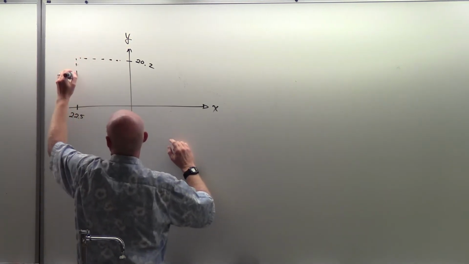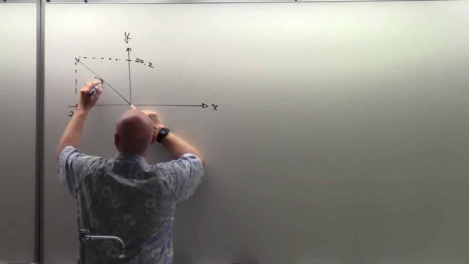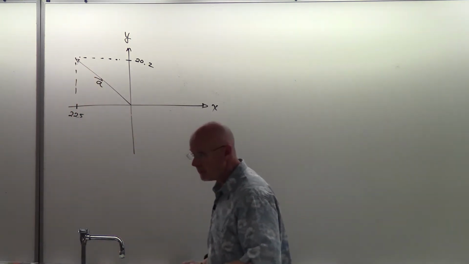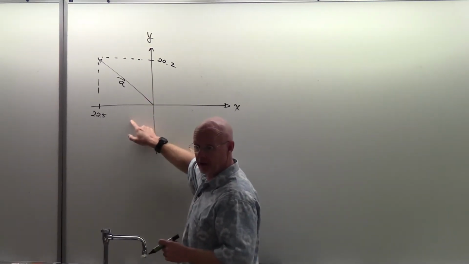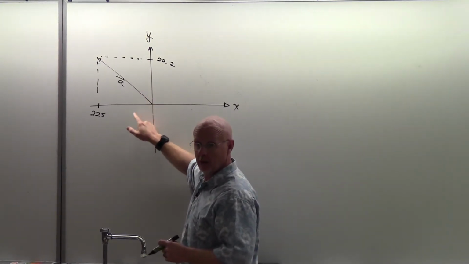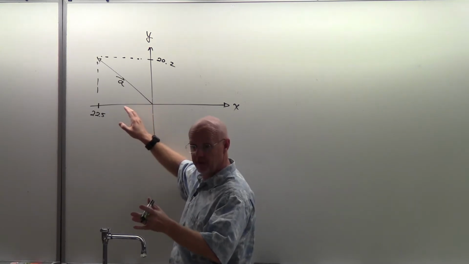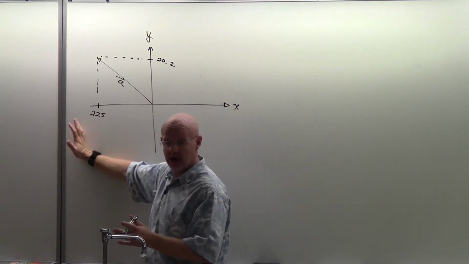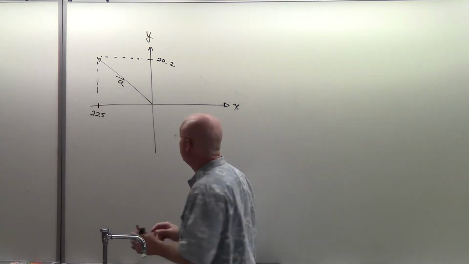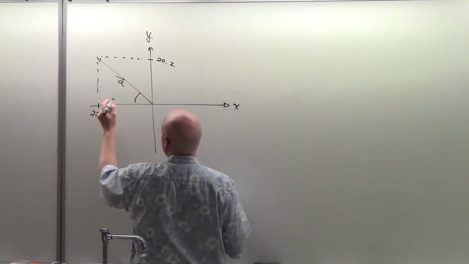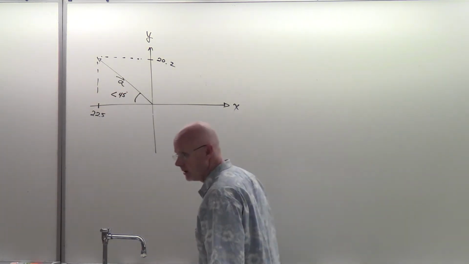And so they're really saying this is the acceleration vector. It's not quite 45 degrees, fair enough? But it's kind of close to 45 degrees, right? At 45 degrees you would have the same on the x and the same on the y. So this angle here is just shy of 45 degrees.